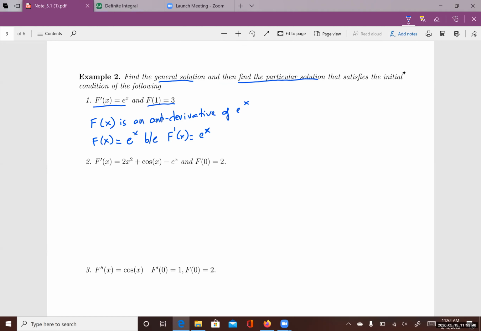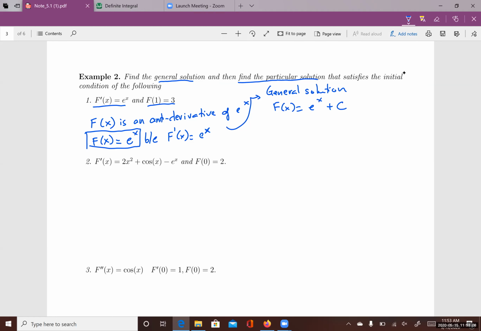So we found f of x equals e to the x. Not yet. So that means the general solution for this equation is big F of x equals e to the x plus c.